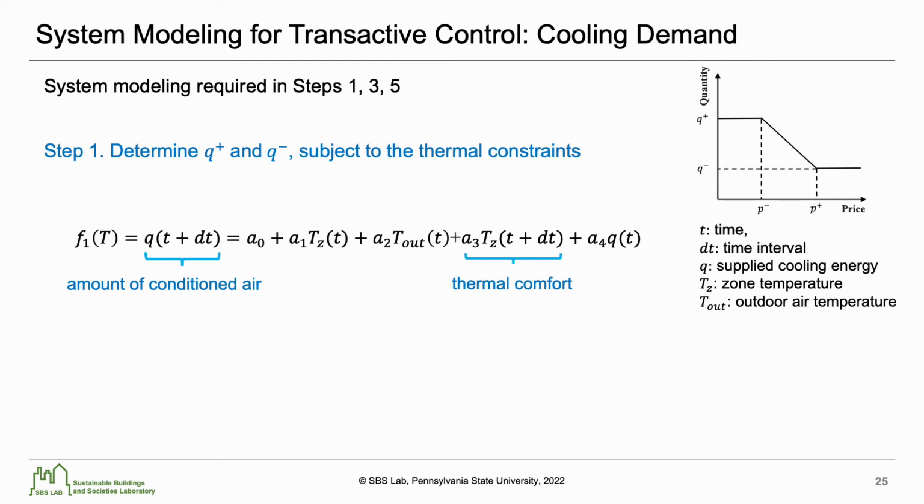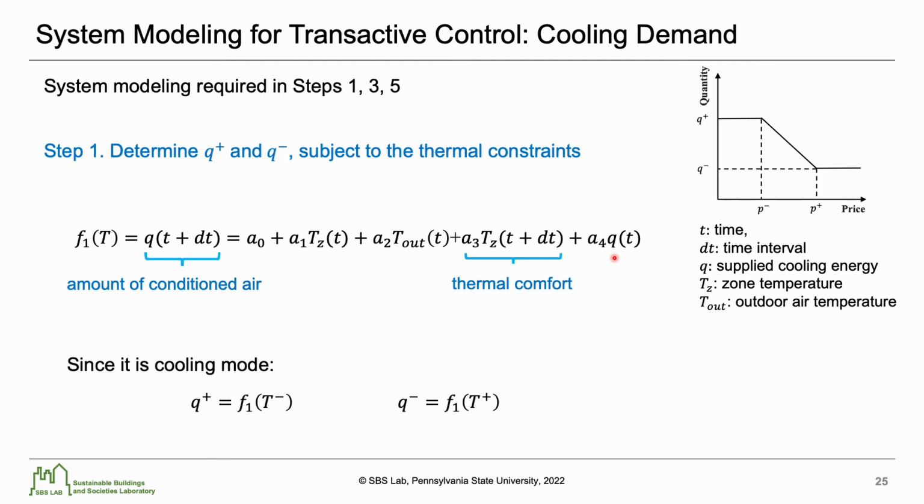In this paper, the authors adopt a black box model, in which the future amount of conditioned air, Q at t plus dt, is a function of current zone temperature, current outdoor air temperature, future zone temperature, and the current amount of conditioned air.